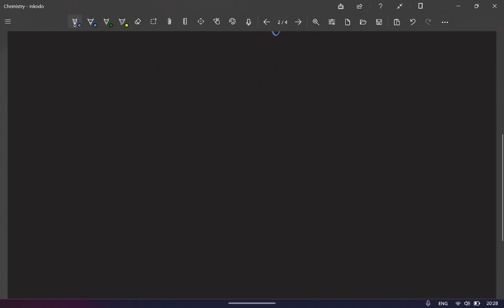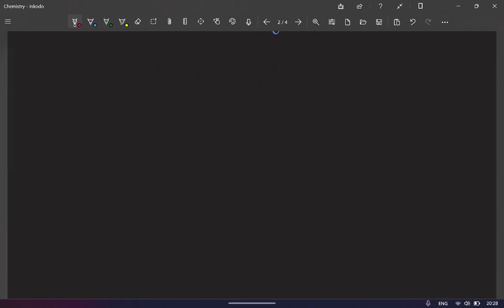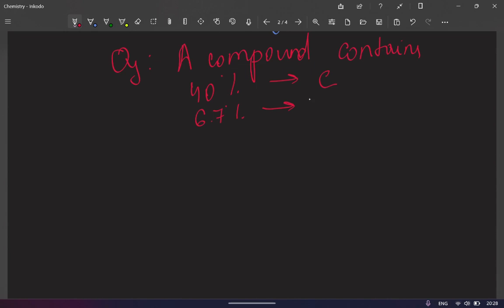Consider an example. Question says a compound contains 40% of carbon, 6.7% of hydrogen, and 53.3% of oxygen.